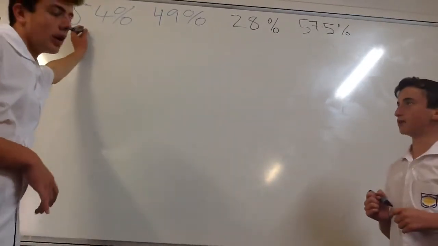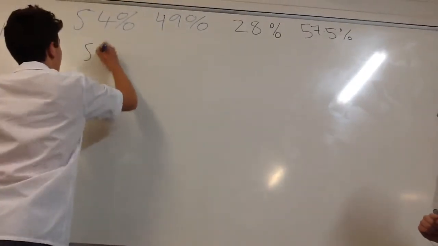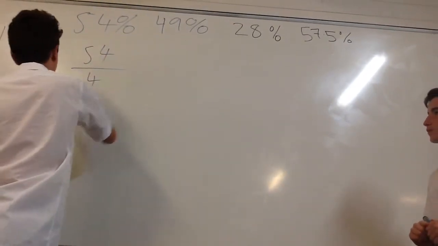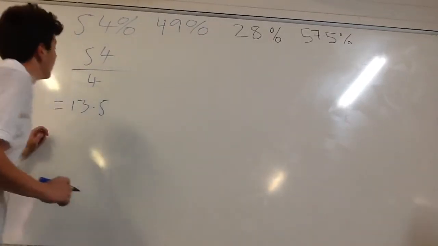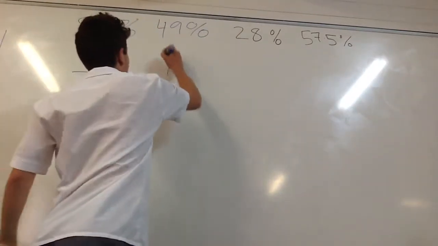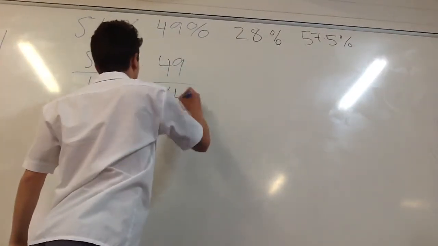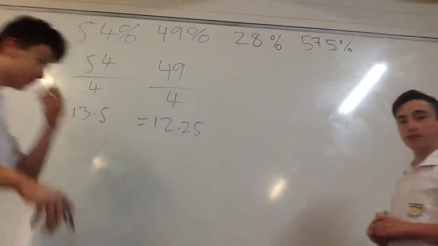Therefore, we have to divide all of them by 4, so for the first one, 54 over 4, which then equals 13.5. This next one, we have 49%, it's the same as this one. We do 49 over 4, which equals 12.25. For this next one, it's really easy.